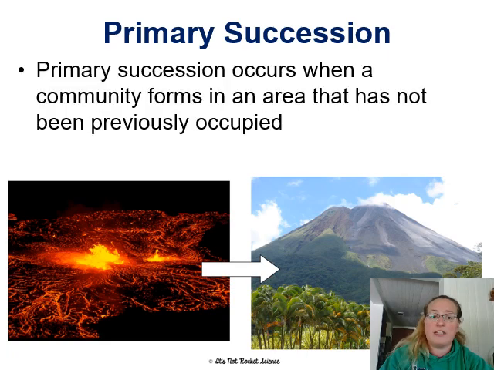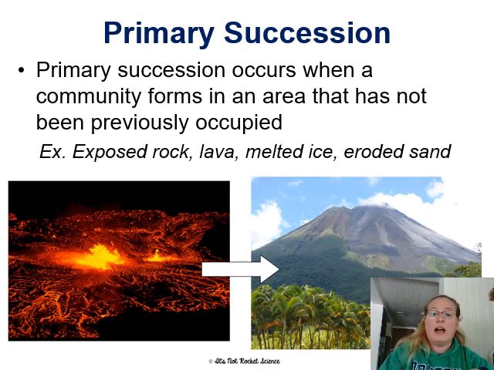Okay, so primary succession occurs when a community forms in an area that has not been previously occupied. A great example of this is when a volcano erupts and there's all that lava everywhere. Other examples would be exposed rock. If there is a rock face with no living organisms there, that's somewhere where primary succession could occur.